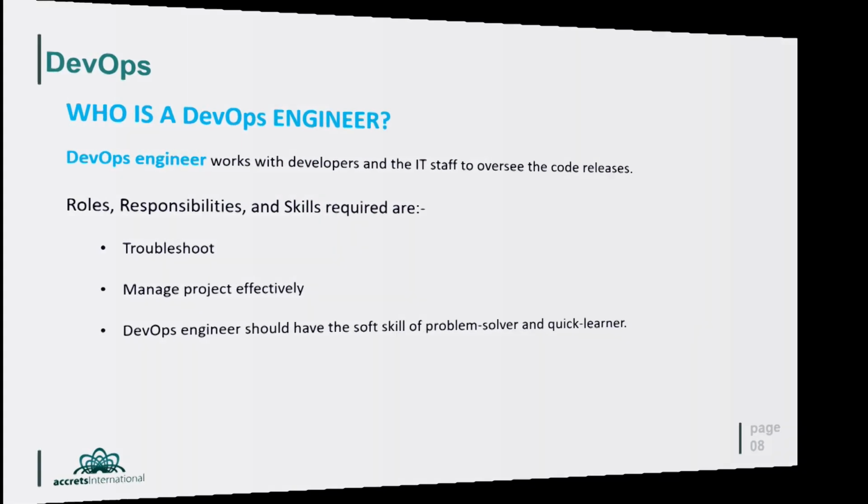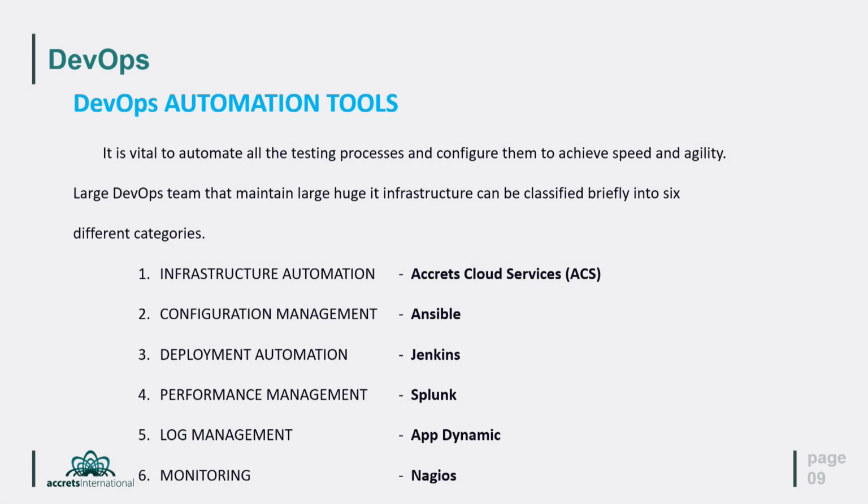Moving on, DevOps automation tools. As automation is the primary goal in DevOps, the DevOps teams have categorized the huge infrastructure into 6. Mainly they are infrastructure automation, configuration management, deployment automation, performance management, log management, and monitoring.